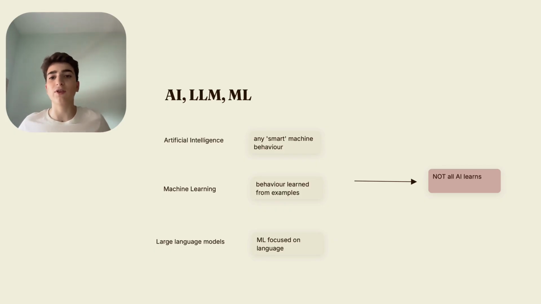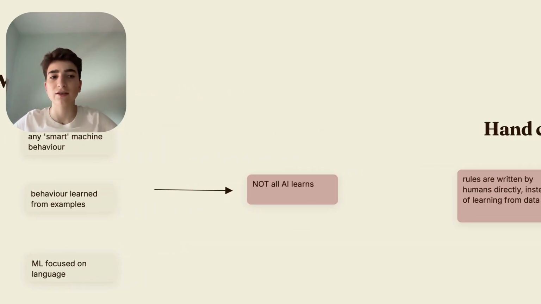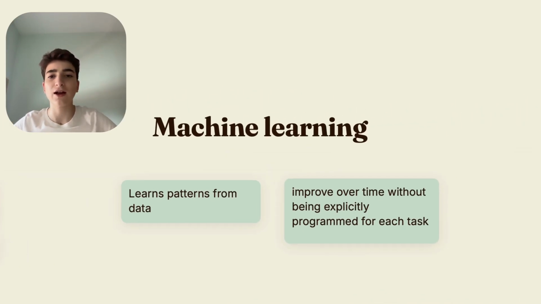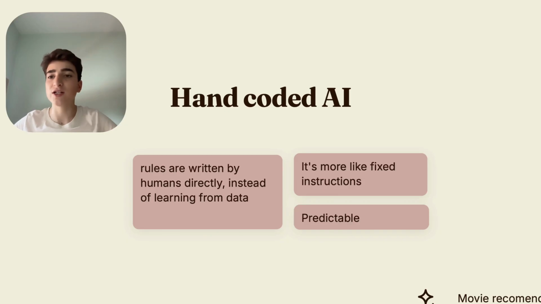With all these three different concepts, AI, LLM, and machine learning, all this doesn't mean that AI learns, because that's a different thing. First we need to distinguish between hand-coded AI and machine learning. So first, hand-coded AI is just an AI that has rules written by humans directly, instead of learning from the ton of examples of data it has been given.